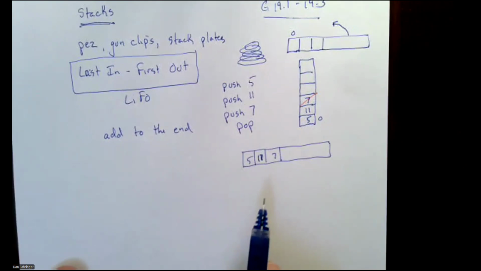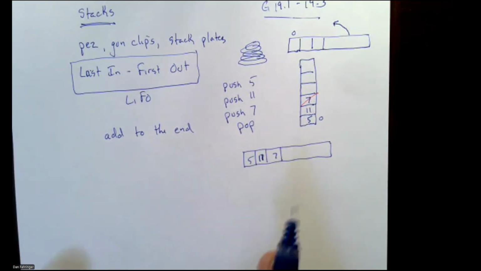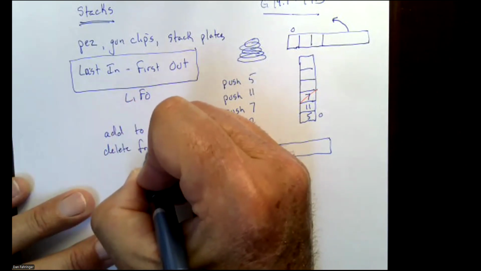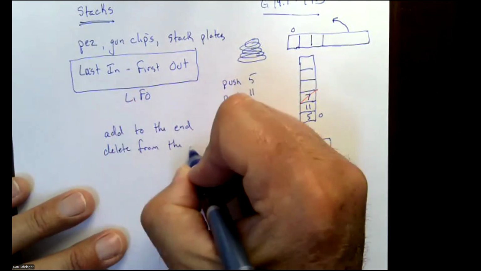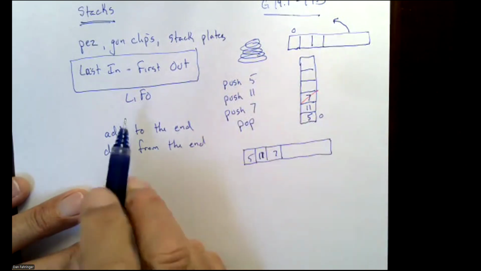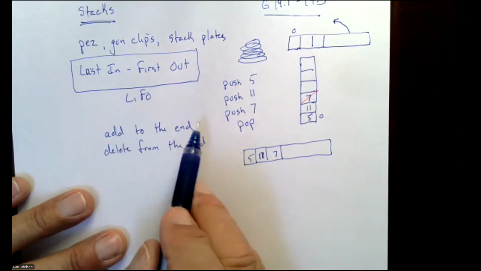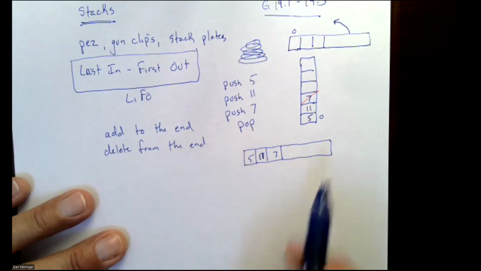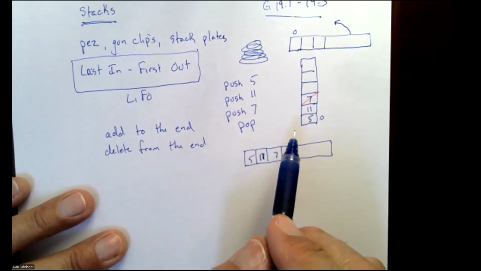When I pop, I delete from the end. Last one in, I keep adding to the end, is going to be the first one out. Again, think of it as a stack setup.